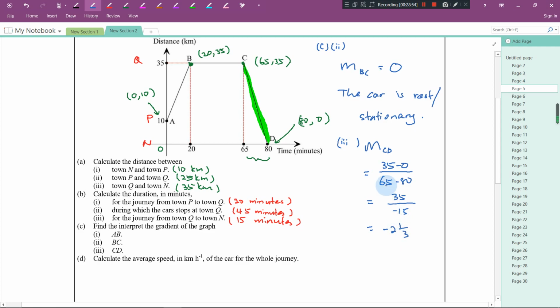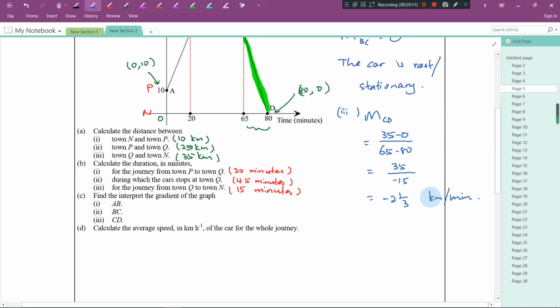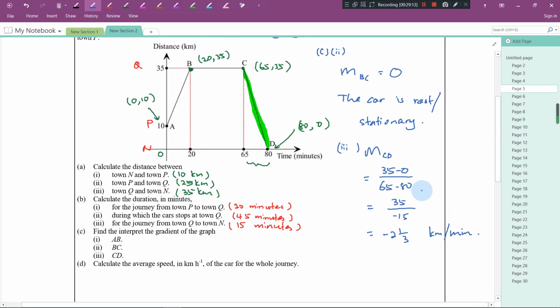So remember, when we write the speed, don't give negative. So we get the gradient negative. This is kilometer per minute, right? So it just means that the car is returning back. When we give the speed, right, we need to give our answer is positive.